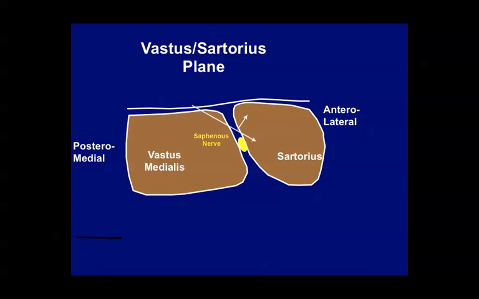However, if we have outflow of local anesthetic for a segment of 2 centimeters at regular intervals, we not only get a lot of drug in the space between the sartorius and the vastus medialis, but we also get drug in the portion of the muscle adjacent to the adductor canal, both in the vastus and the sartorius, which will help us block nerves that have already left the adductor canal more proximally and are traveling in the adjacent muscle.